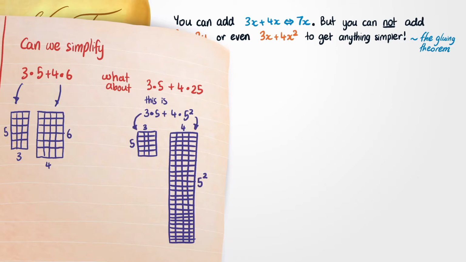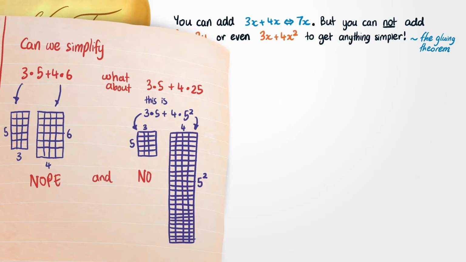So on the left, we have a block that's 3 wide and 5 high. On the right, we have one that's 4 wide and 5 squared high. Well, I think you can immediately see, just by looking at this, that we cannot glue this side to this side. They're just not the same size. So just like we saw in the last case, we can't glue 3x to 4x squared because x is not going to be the same size as x squared in general.